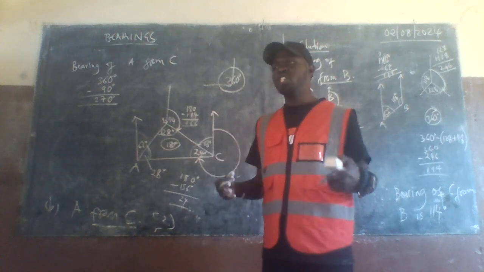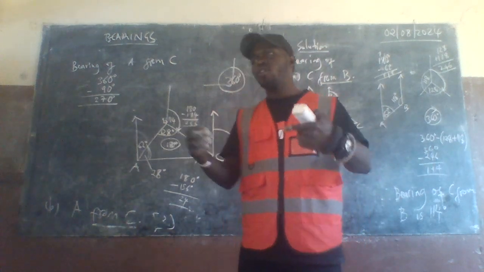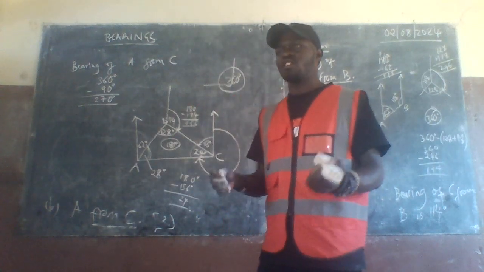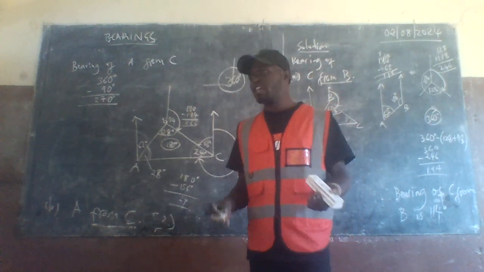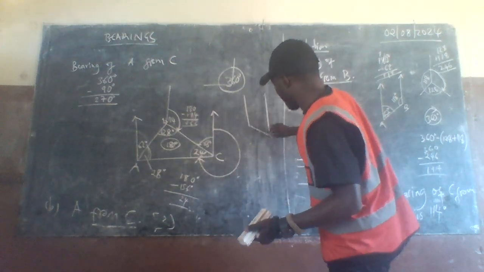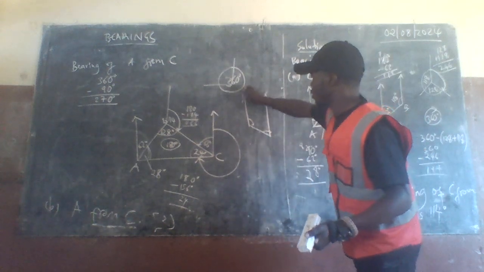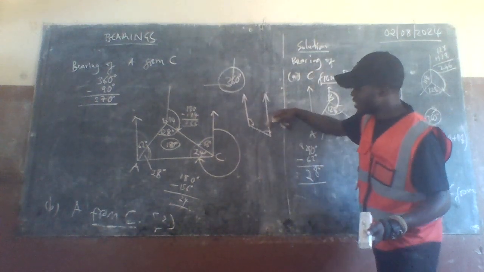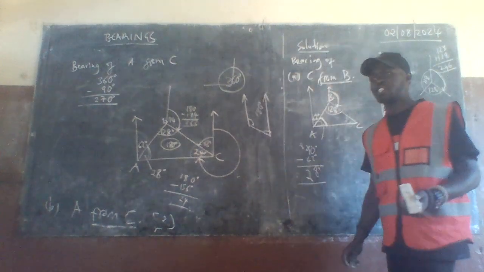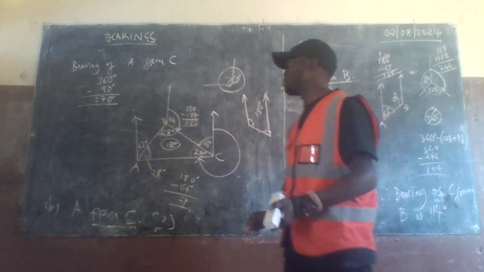Then we should put into consideration that in a triangle, the sum of the interior angles gives us 180 degrees. So that one is also very important. The other important point is the aligned angles. Suppose these two angles are parallel, the aligned angles, they always give you 180 degrees. So that is also another important point on bearings.